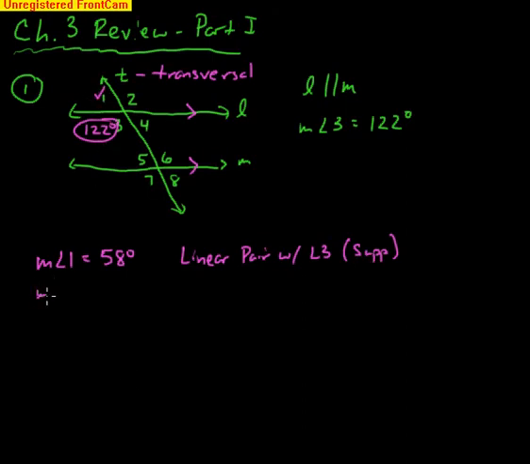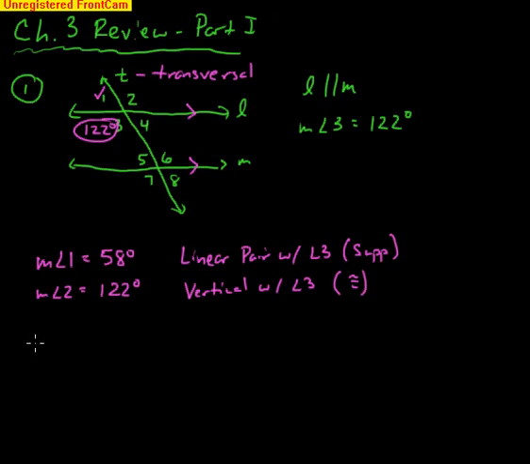The measure of angle 2 equals, well, 2 and 3 are vertical, so it's going to be the same, 122 degrees. Vertical with angle 3, and we know that vertical angles are congruent, okay? We learned that, the vertical angles theorem.